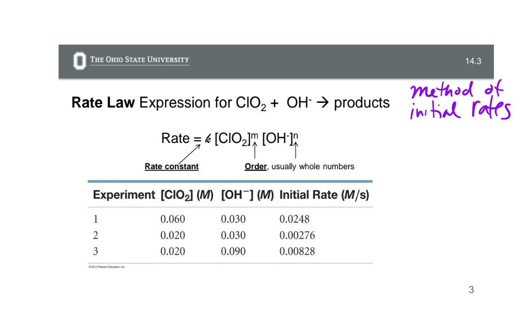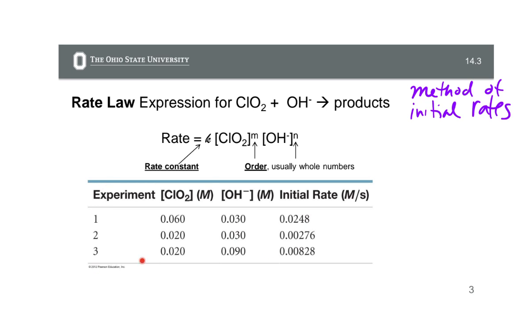And so when you get a problem like this, you will often see a table that has an experiment number and concentrations of both reactants and a value for an initial rate, usually in moles per liter per second.